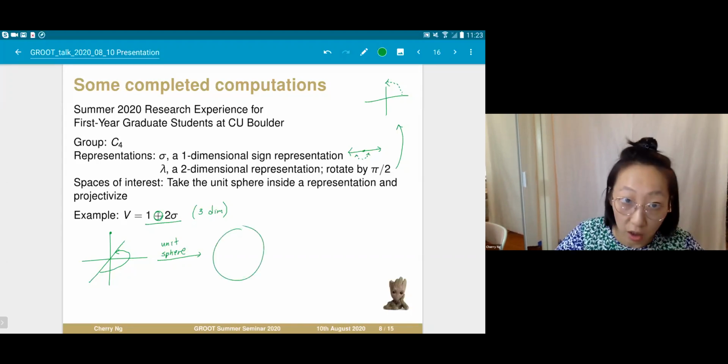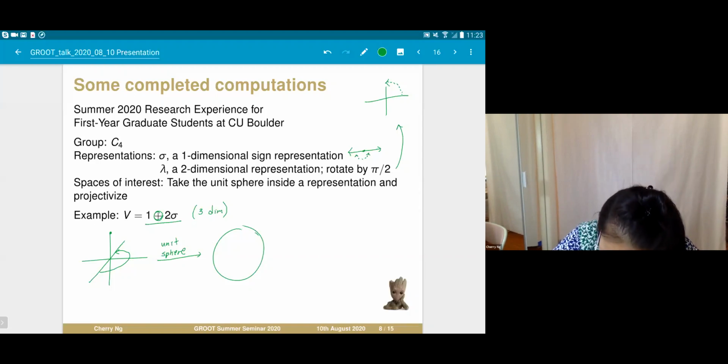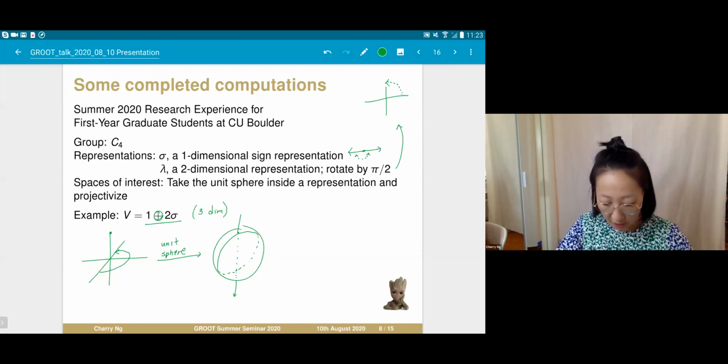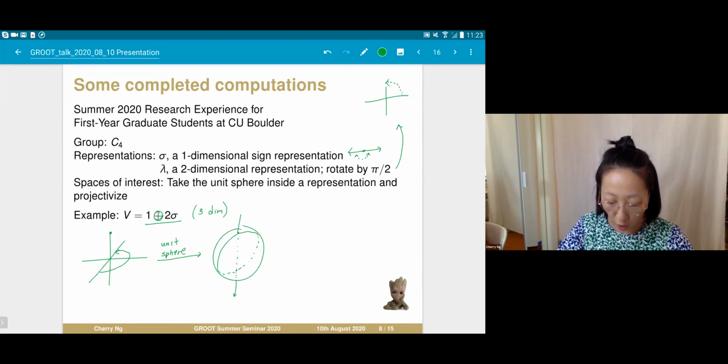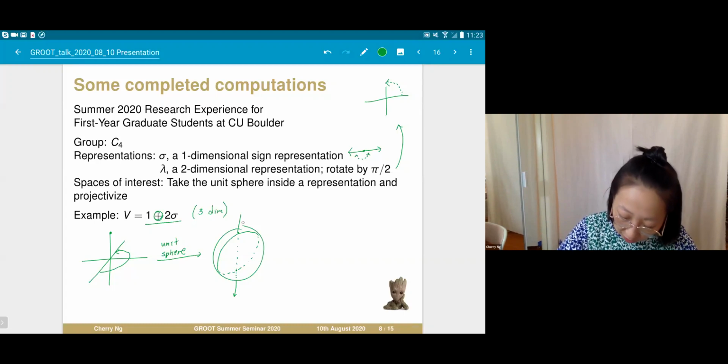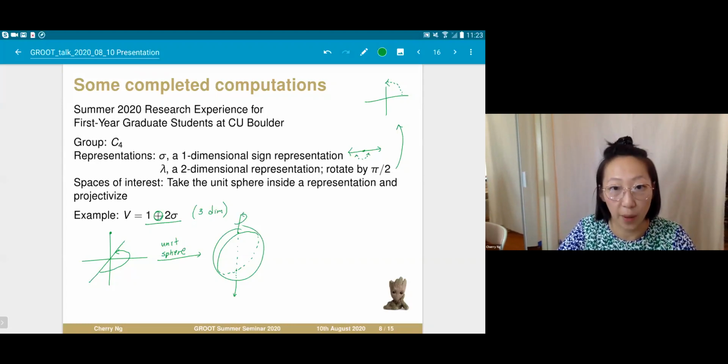So here's R2. And the unit sphere inside this R3, because the action is to rotate all of R3 by 180 degrees about the vertical axis, this sphere is also going to rotate front to back.